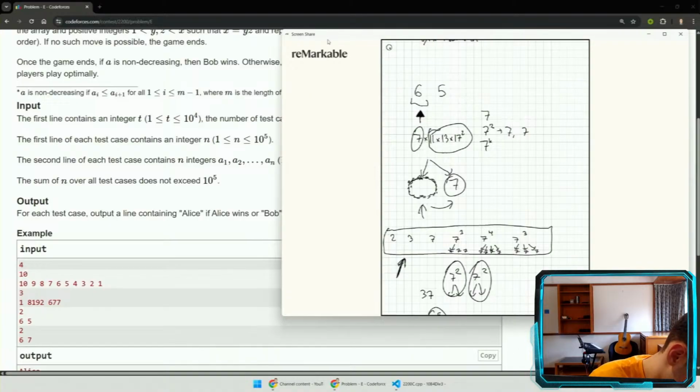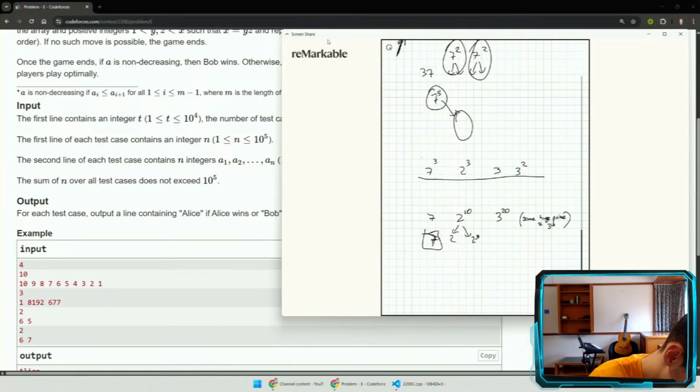If the game is already over, then it's over, which means you can't make moves. So if it's non-decreasing, then Bob wins. If it's already non-decreasing, if there are no moves left, then Alice wins.